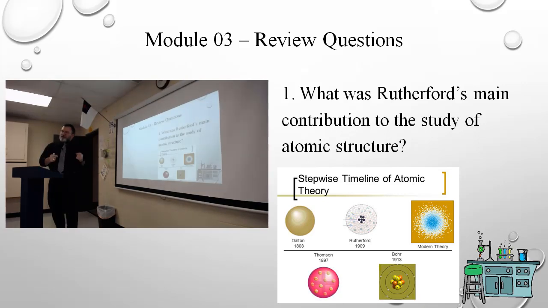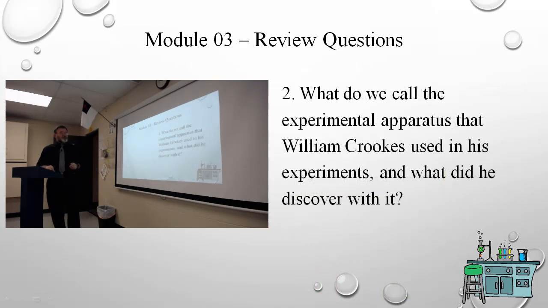But Rutherford's discovery said, no, wait a minute. The only thing that explains my results is if all the positives are clustered in the middle and all of the negatives are orbiting or existing outside of the center: the nuclear model. Okay. Here's a tough one. What do we call the apparatus that William Crookes used?